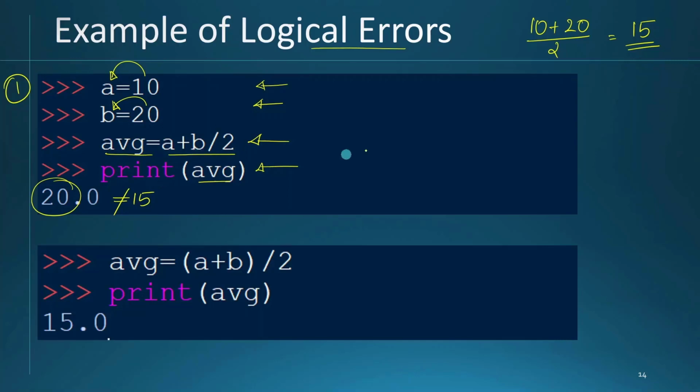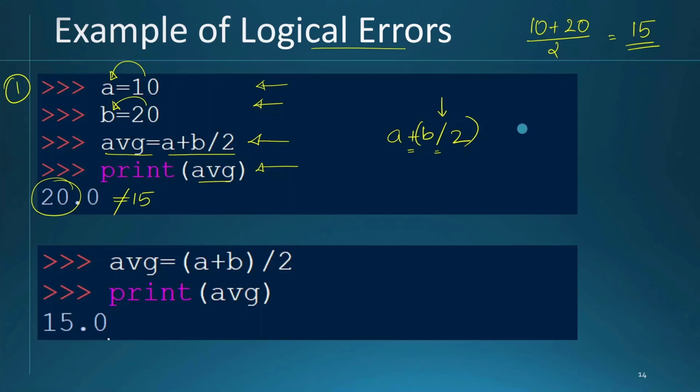Now I realize that my logical error is in this statement. Let us see where the error is. If I write A plus B divided by 2 without any parentheses, you can see I have two operators here, addition and division. According to operator precedence, division has higher precedence than addition. So if you simply write A plus B by 2, the first operation carried out is to divide the value of B by 2, and to that result the value of A will be added.